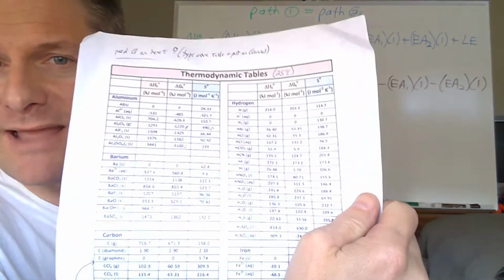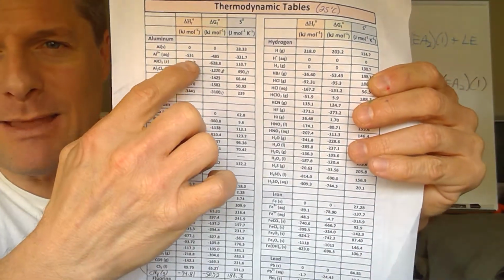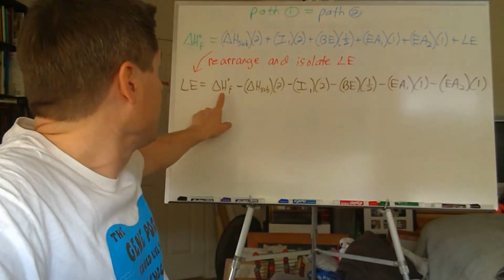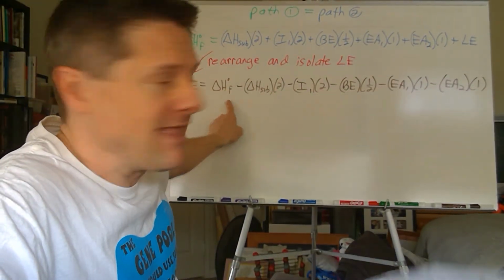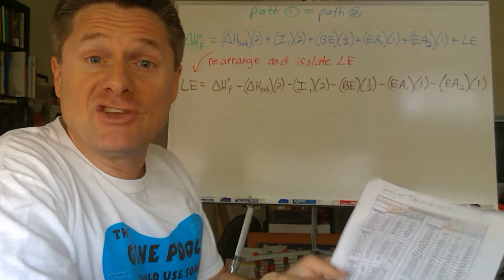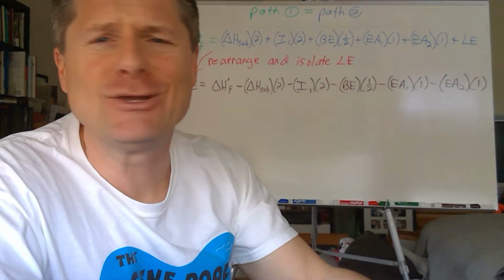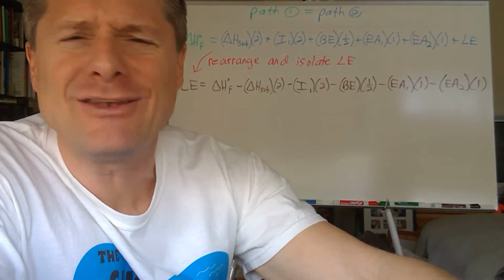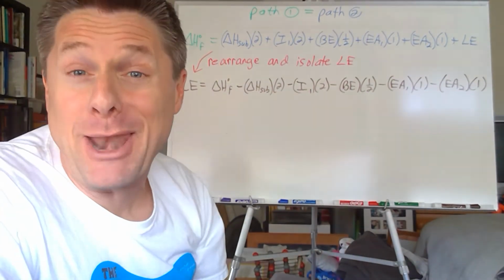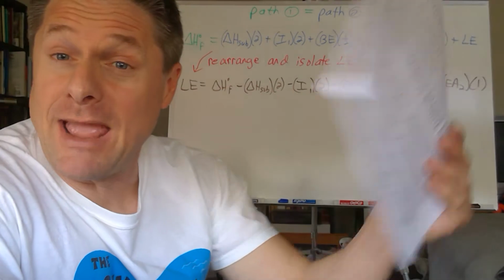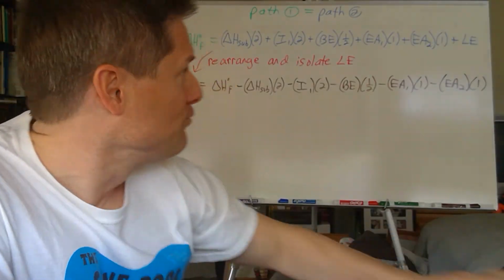Find your thermodynamic tables and find the standard heat of formation for silver oxide. So find that for me. And then sublimation. See if you can find that in your textbook. If not, go ahead and Google it. I'm okay with that. You can't do that on an exam. So I would give you that on an exam, right? But on an exam, I would give you this table and make you find it.